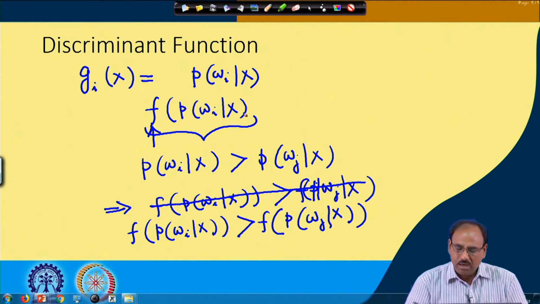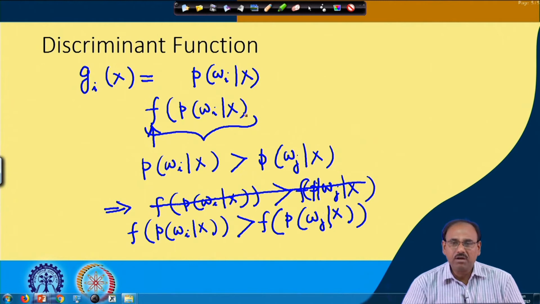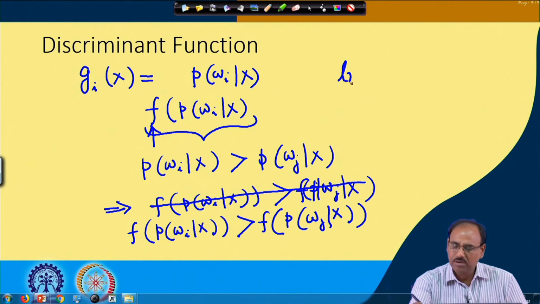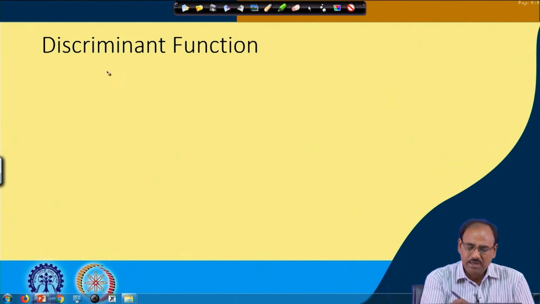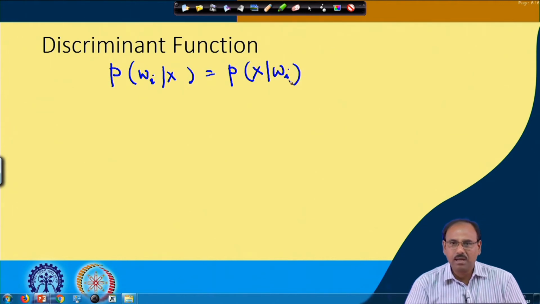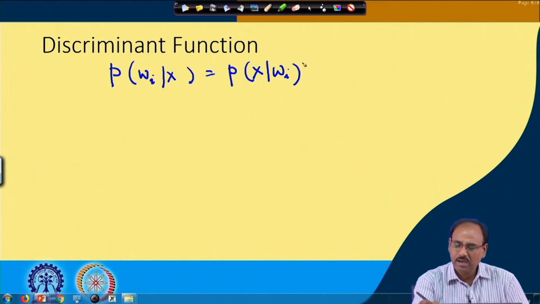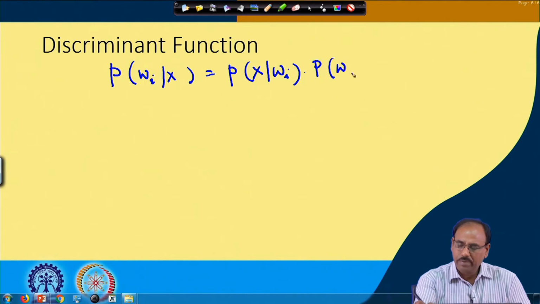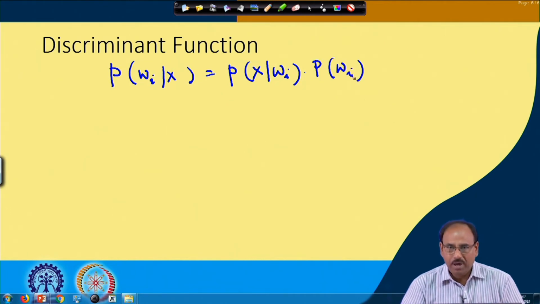Given this, one very convenient function that can be used is the logarithmic function, the natural logarithm ln. What is the advantage? P of omega i given x is nothing but P of x given omega i, which is the class conditional probability density function that can be estimated experimentally, into P of omega i, which is the a priori probability of class omega i, that is also pre-computed.